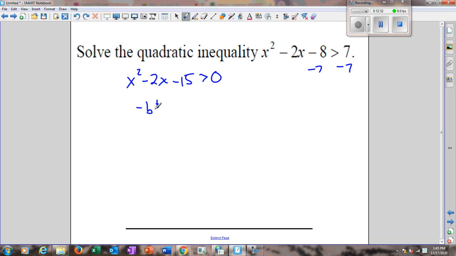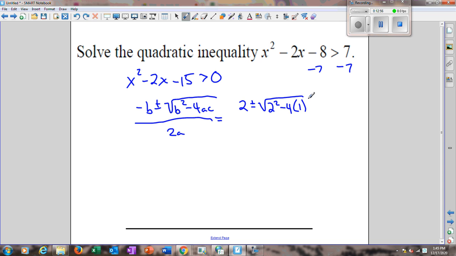It's negative b plus or minus the square root b squared minus 4ac all over 2a. So that's a negative of a negative 2. So that's a positive 2 plus or minus the square root of 2 squared minus 4 times 1 times negative 15 all over 2 times 1, which is 2.